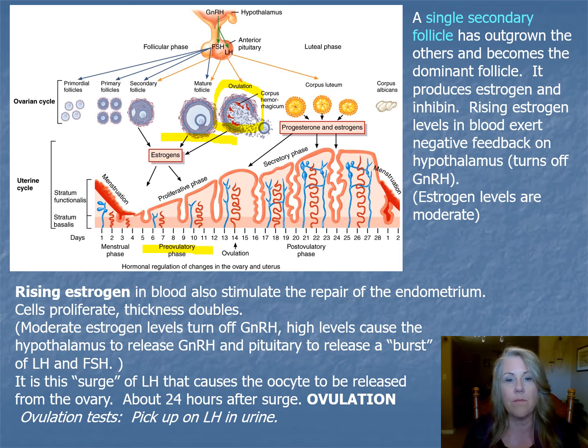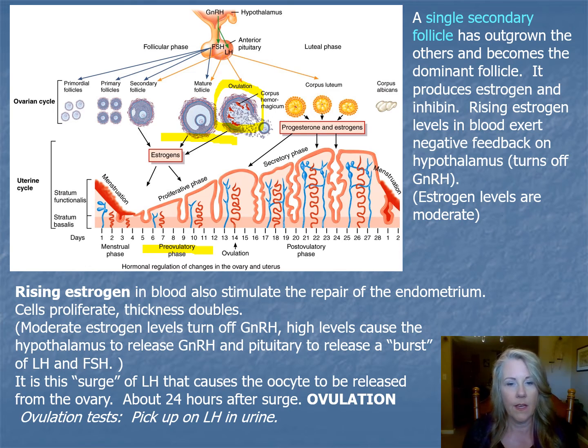So now we have this one big secondary follicle that's producing estrogen, and the estrogen is turning off the gonadotropin releasing hormone if it gets a moderate level. So no more FSH and LH. Then the bigger it gets, the more inhibin it produces, and it will inhibit the other follicles from developing. All right, so imagine in your mind this one big follicle developing and producing those hormones.